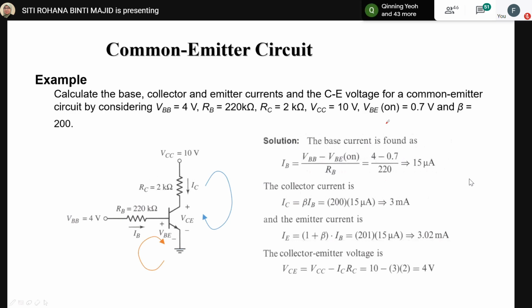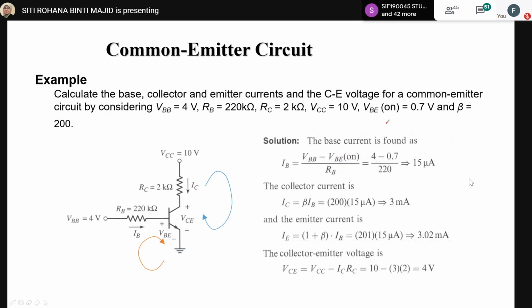and then you can calculate the collector current. Okay, and then plug in the value of beta, which is 200, and then you get IC. And lastly, you can calculate the IE.